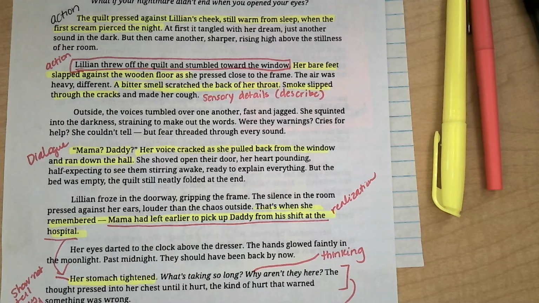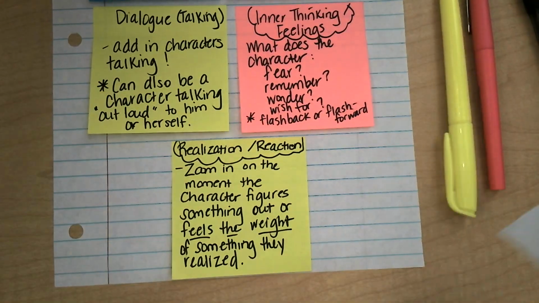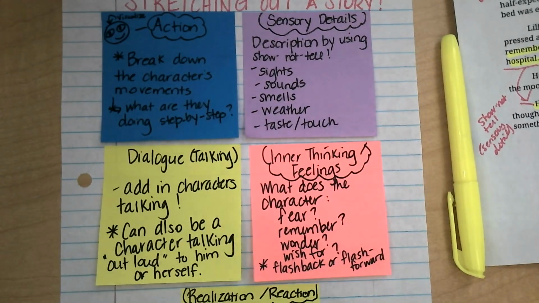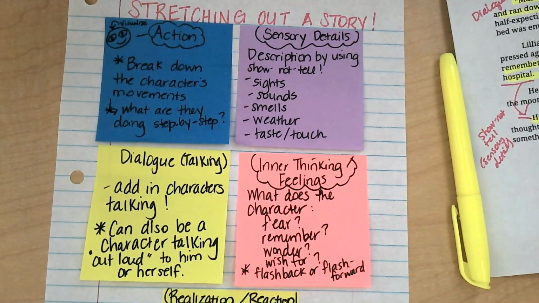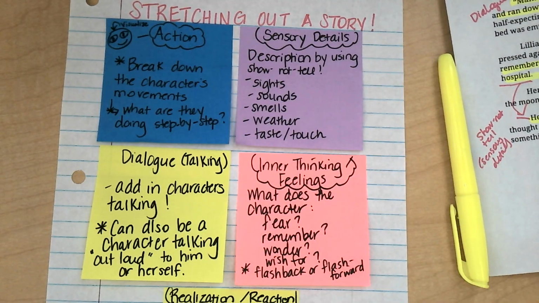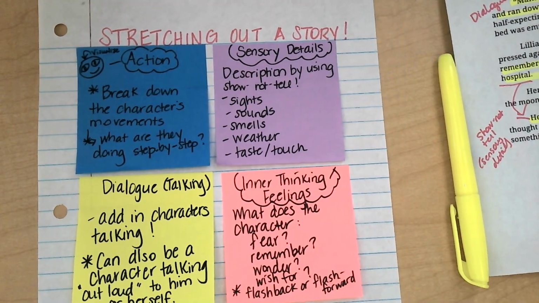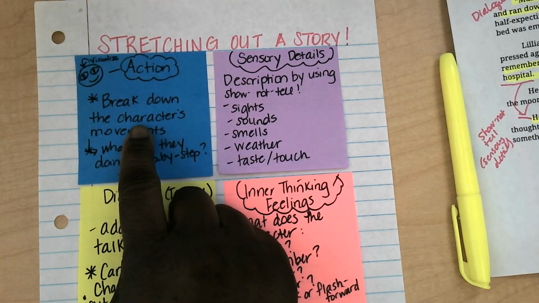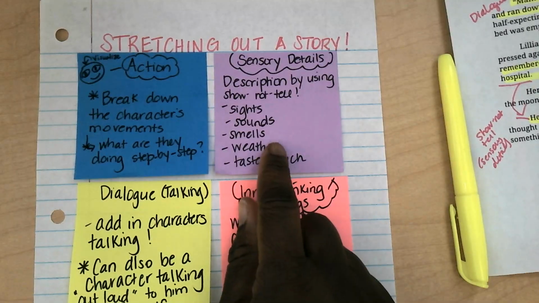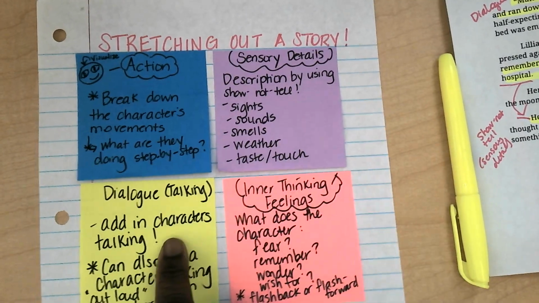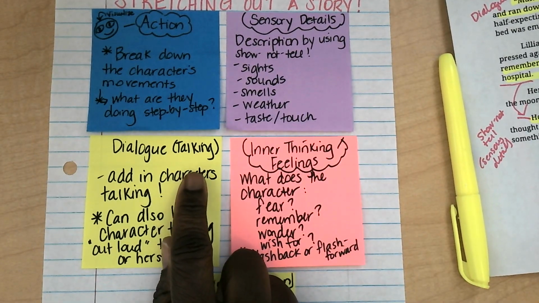So parents, your role, my ask is not that you're writing this for them, all right? My ask is if you will ask the right questions, okay? What's your character doing? What are they noticing? What are they seeing? What are they smelling? What might they say? What are they saying in this moment?